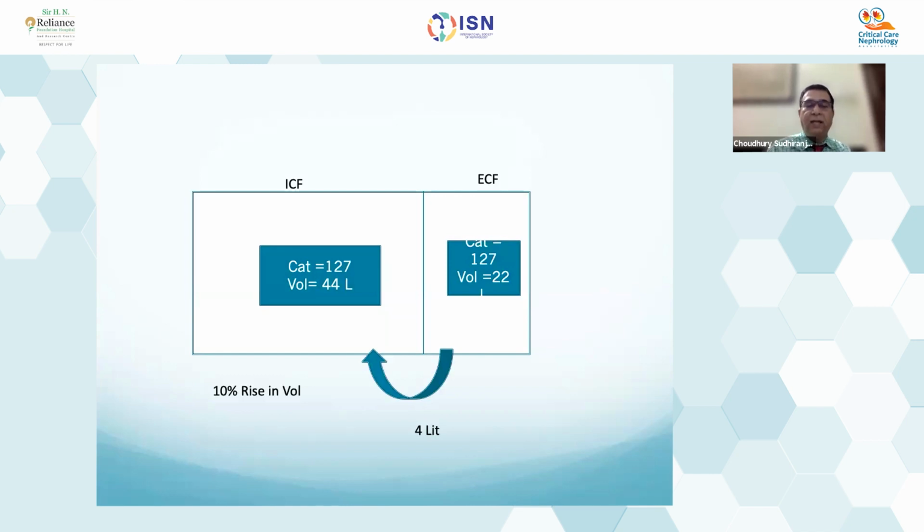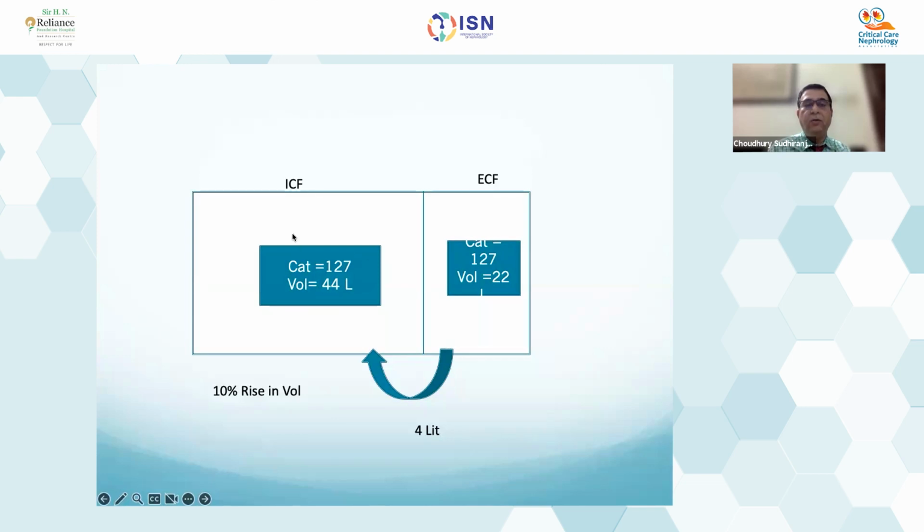So always the cations in the intracellular and the extracellular compartments will be balanced. Now the cations try to make some changes. How will it be? The water, which is the freely permeable solvent, will move from the extracellular fluid to the intracellular fluid compartment.